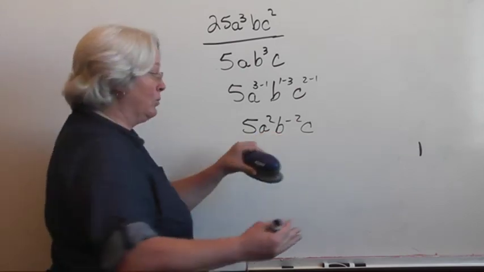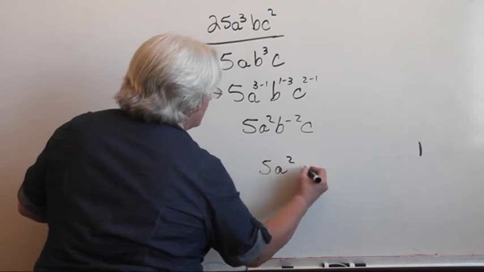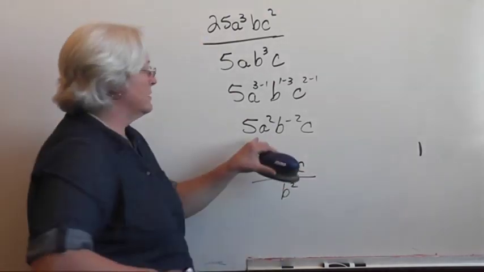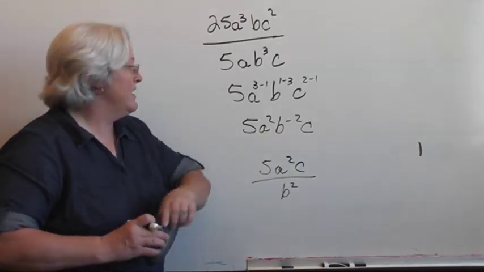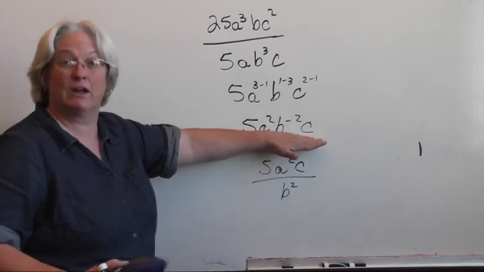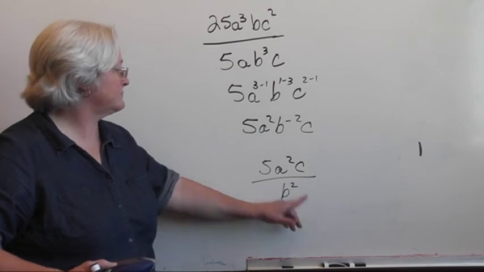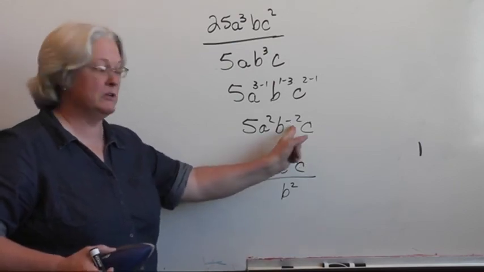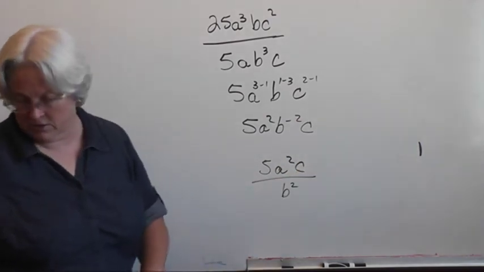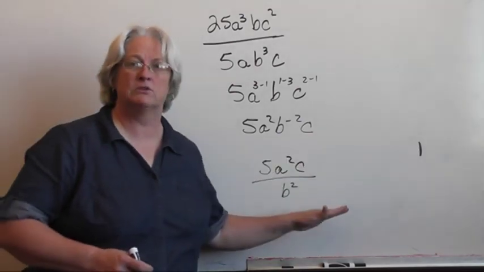There isn't, but you can put one there. So that's 5a squared c over b squared. That's because you can turn any whole number or any single expression that doesn't look like a fraction into a fraction by dividing it by 1. We've moved this b to the minus 2 to the other side of the fraction bar and made it positive. So our solution is 5a squared c divided by b squared.